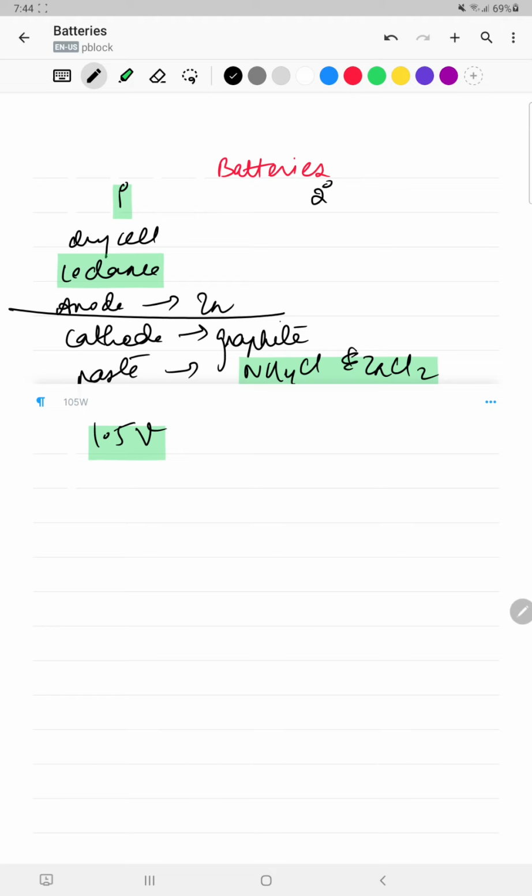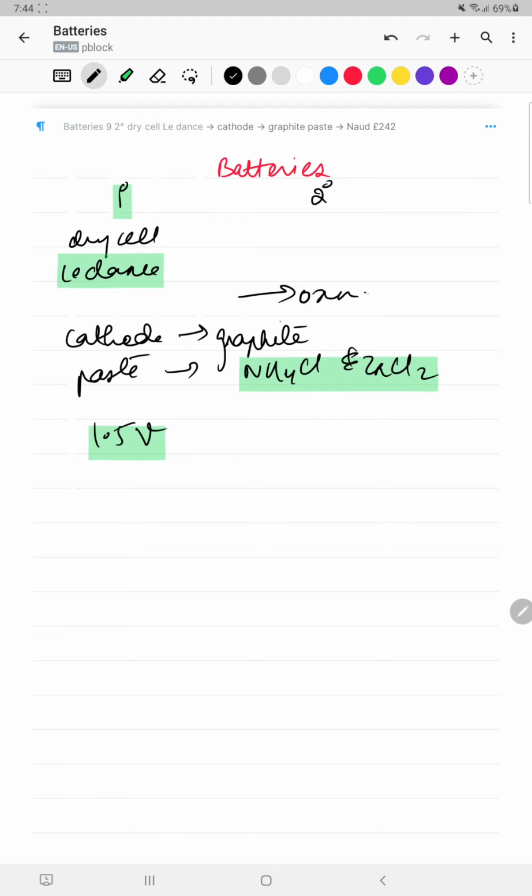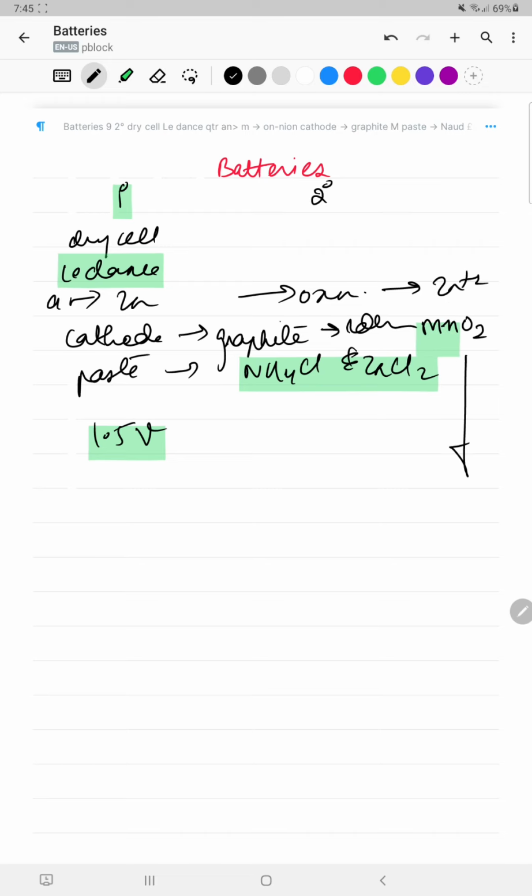We all know that on anode oxidation takes place and on cathode reduction takes place. So Zn changes to Zn plus 2, and on cathode graphite is there, and also MnO2. This is also there on cathode.